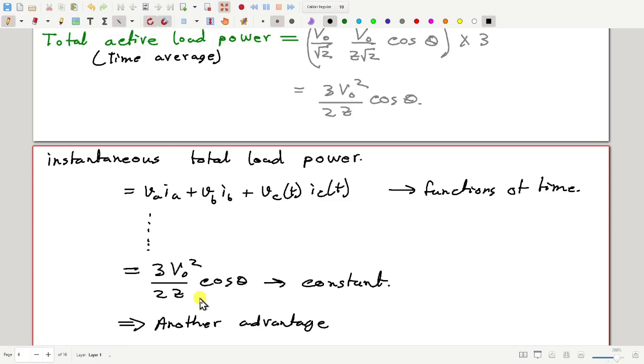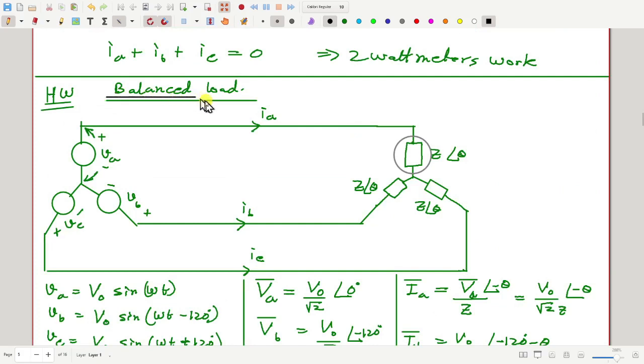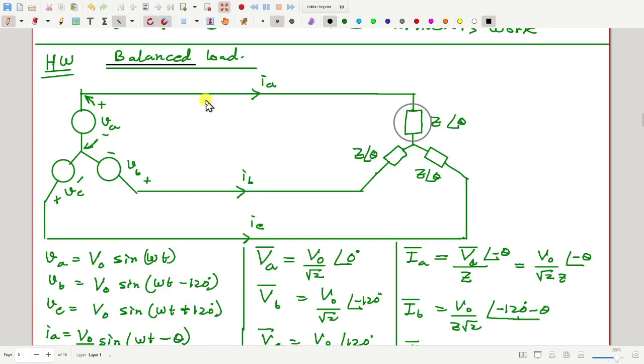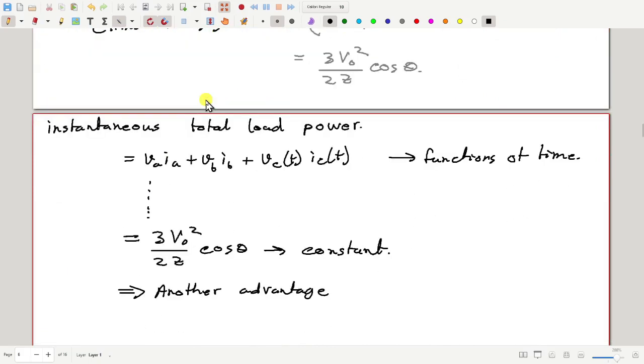So overall, the power flowing from generators to the load side is not fluctuating in nature. It is constant. This is one advantage. Of course, this assumes balanced loading; if it is not balanced, then it will not happen. But assuming balanced loading, the total three-phase power is actually constant.